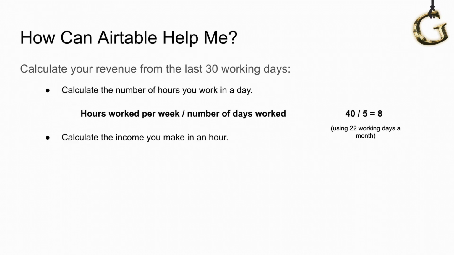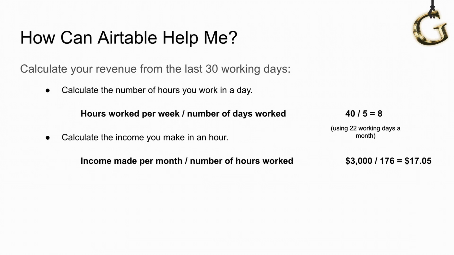So now we're going to calculate the income we make in an hour. We take the income we made per month divided by the number of hours worked. So in this case, we're going to do 22 working days. So 8 times 22, 176. Okay, and let's just say we make $3,000 a month. That equates out to $17.05 an hour.